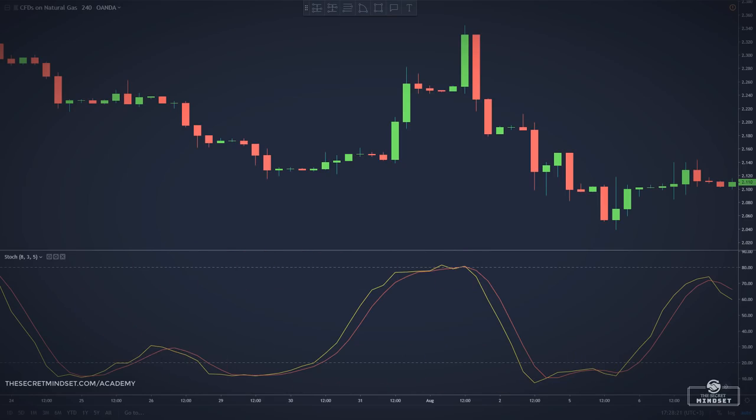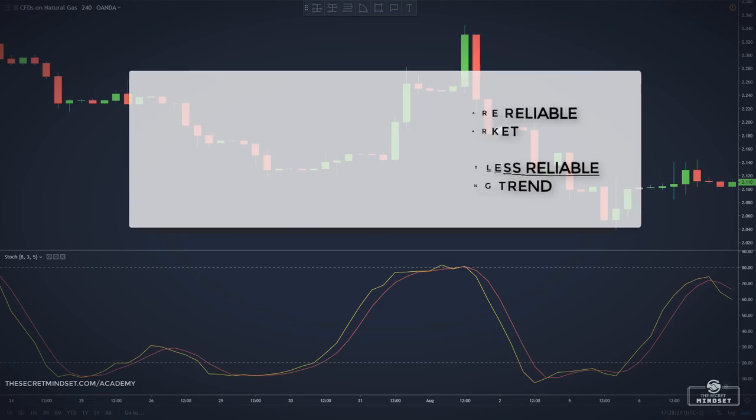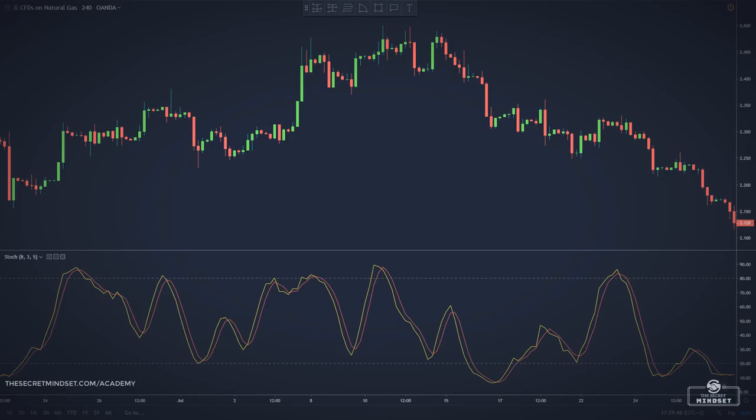Once again, these stochastic oscillator crossover signals are reliable during a range-bound market, but these signals tend to become a lot less reliable when the market is in a strong trend. You can still rely on the stochastic oscillator crossover signals as a trend continuation signal.